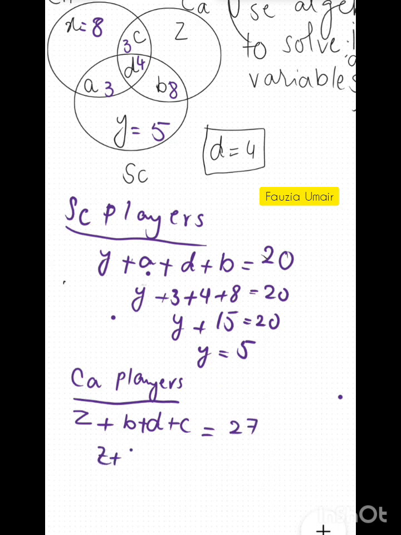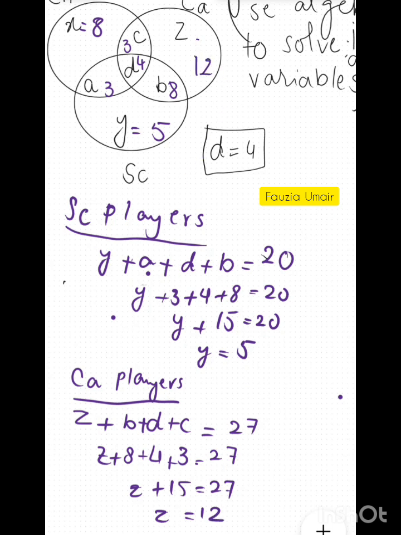So now let's put the values, 8, 4 and C is basically 3. Solve this linear equation, just to simplify it, you know it already. So Z plus 15 would be equal to 27 and Z would be equal to 12. So now we have calculated all the unknowns here.